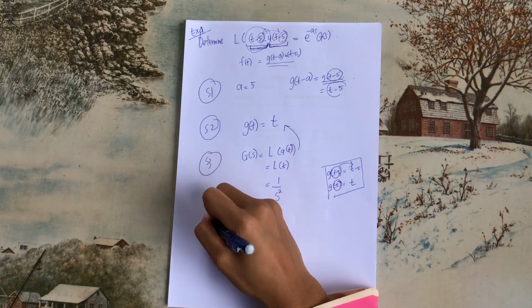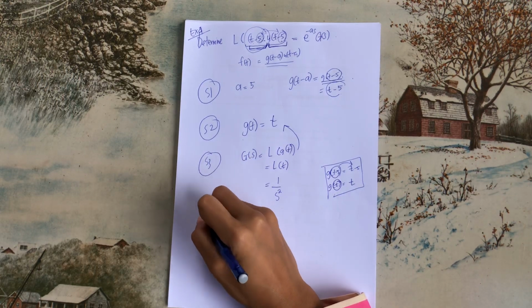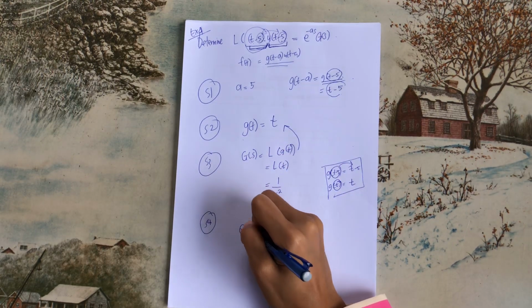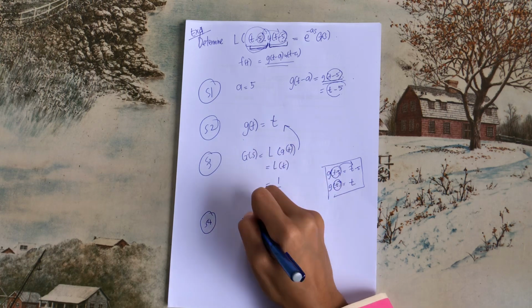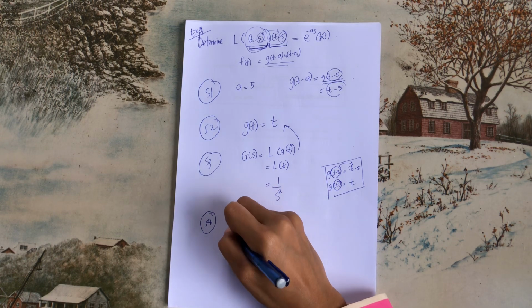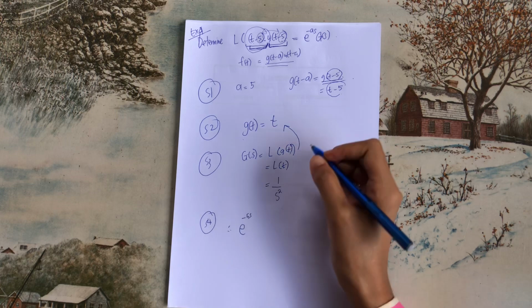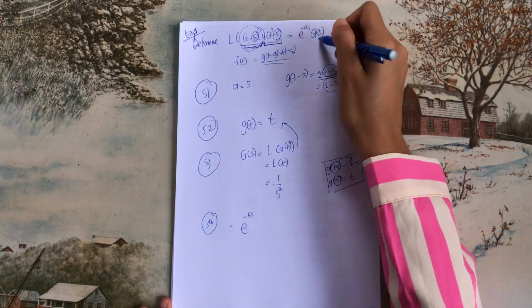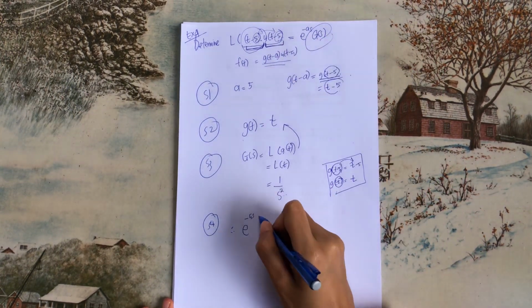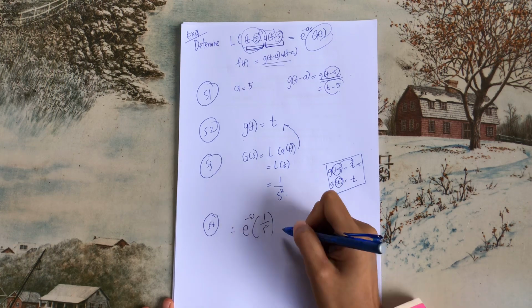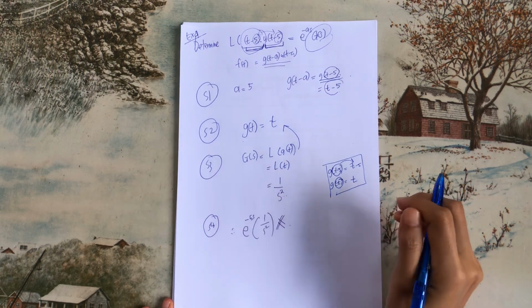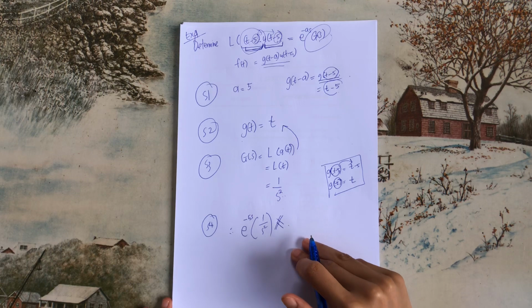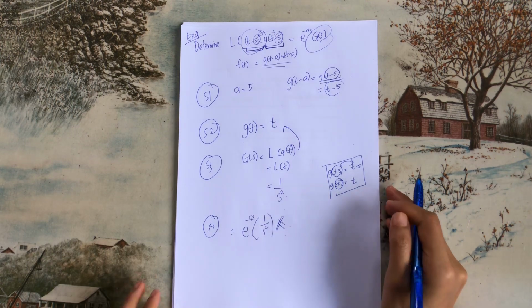Step number 4, the answer is e to the power of negative a s, so e to the power of negative 5s, times G(s), which is 1 over s squared. So this is the answer.